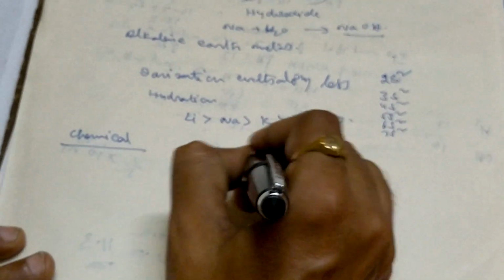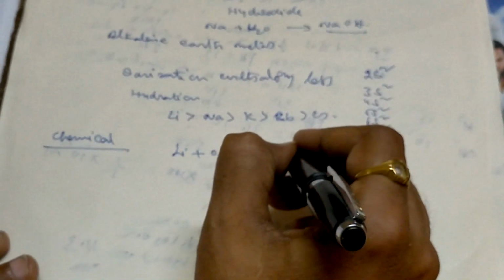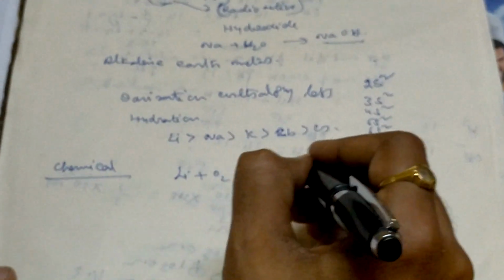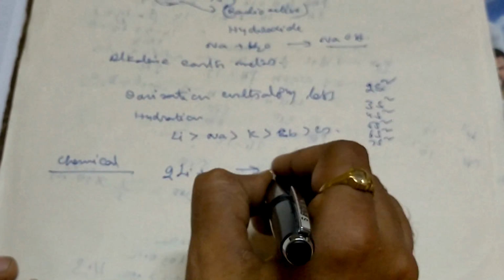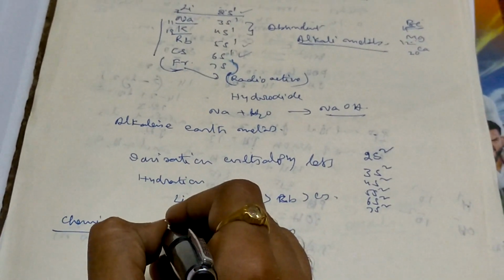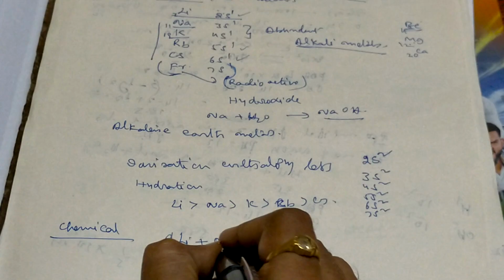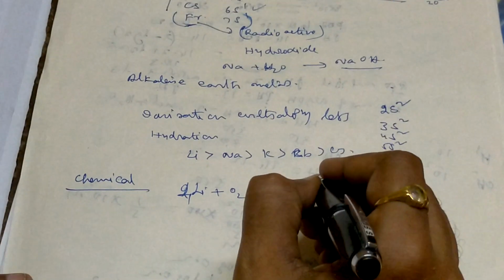Lithium plus oxygen gives lithium oxide: 4Li plus O2 gives 2Li2O.